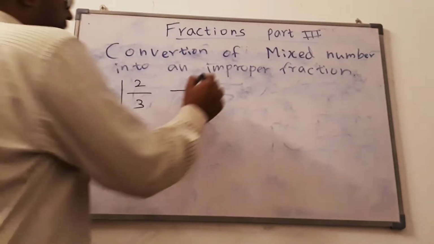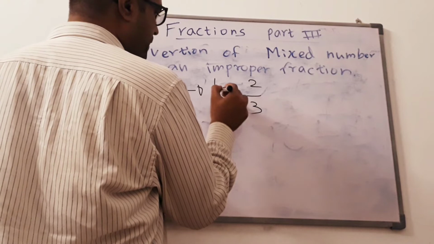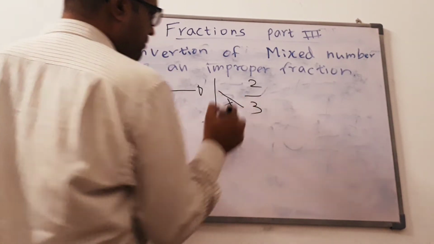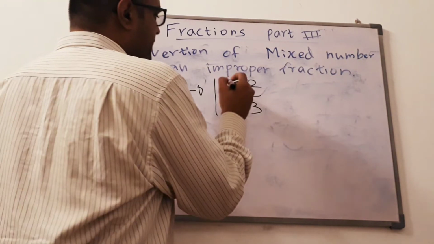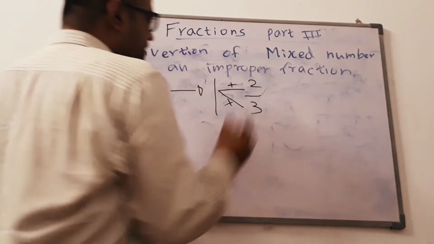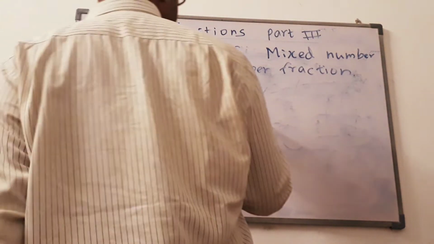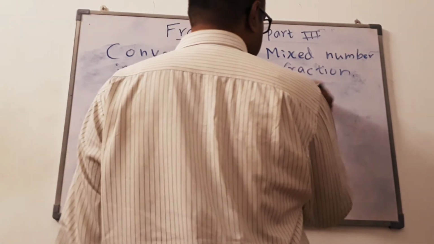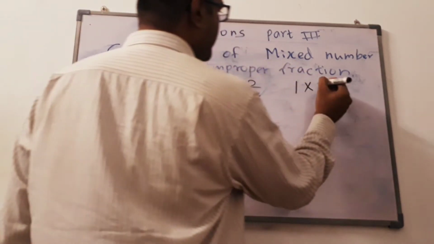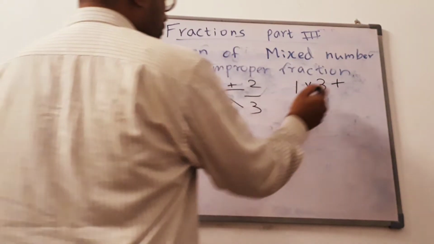Okay. That means first we have to multiply 1 and 3, the whole number and the denominator. Then we have to add the result to the numerator. For an example, first we have to multiply the whole number 1 by the denominator 3. Then we have to add the numerator to the result.